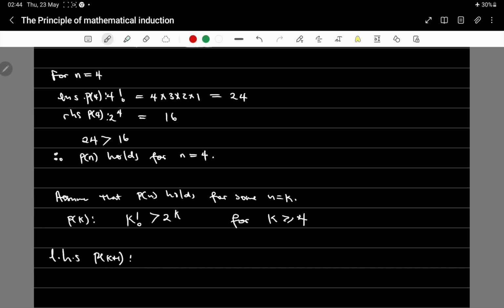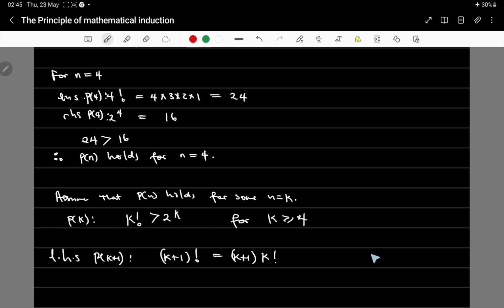We should get to the right hand side after the proof. So we have k plus 1 factorial being equal to k plus 1 times k factorial.